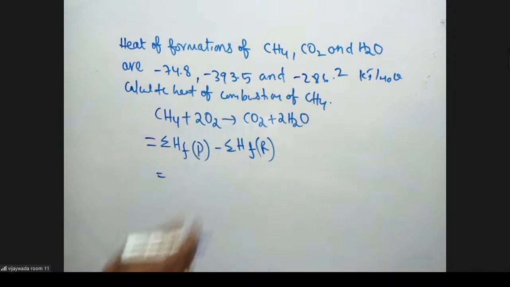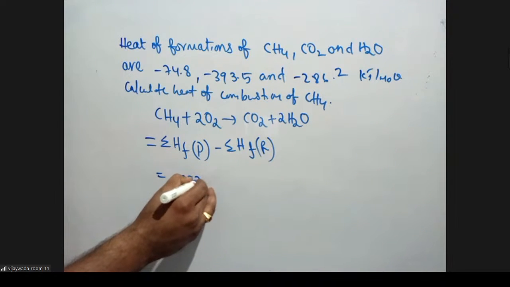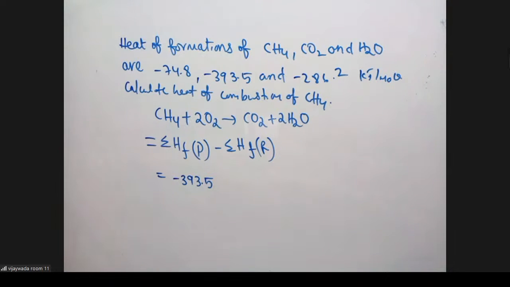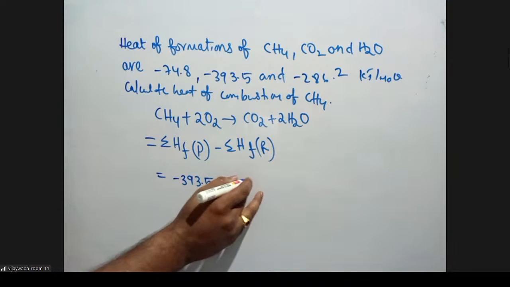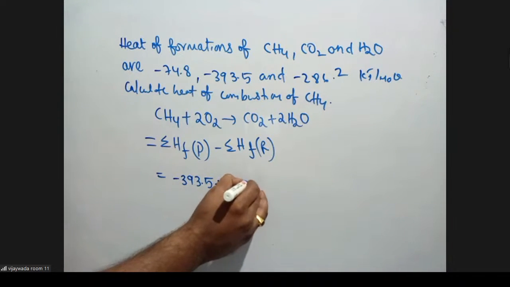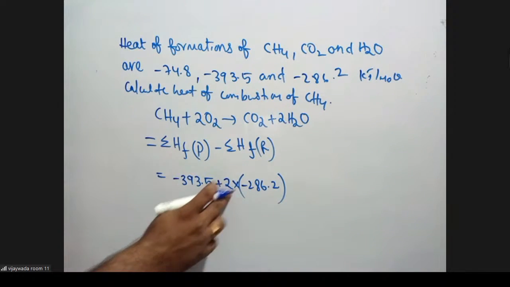Products are H2O and carbon dioxide. So carbon dioxide is minus 393.5, one carbon dioxide. And water's 2, so plus 2 into minus 286.2. Why 2? Because here 2 moles of H2O.